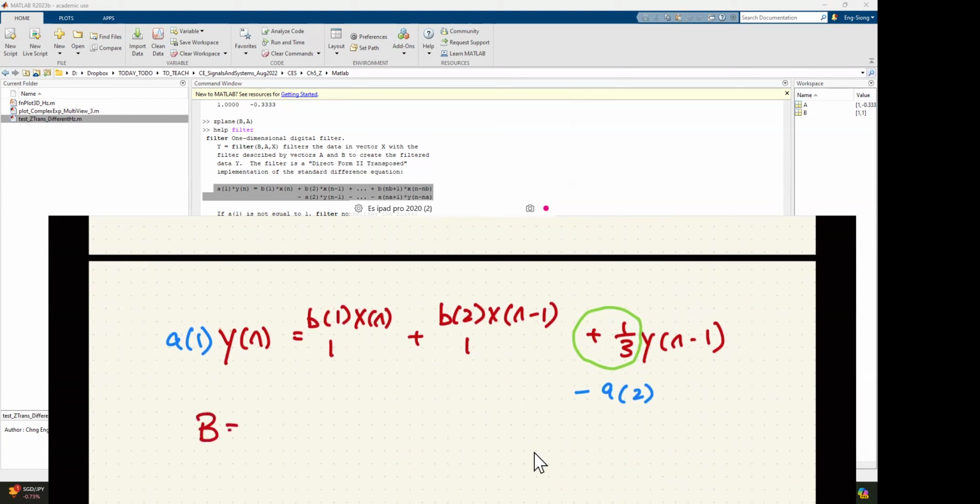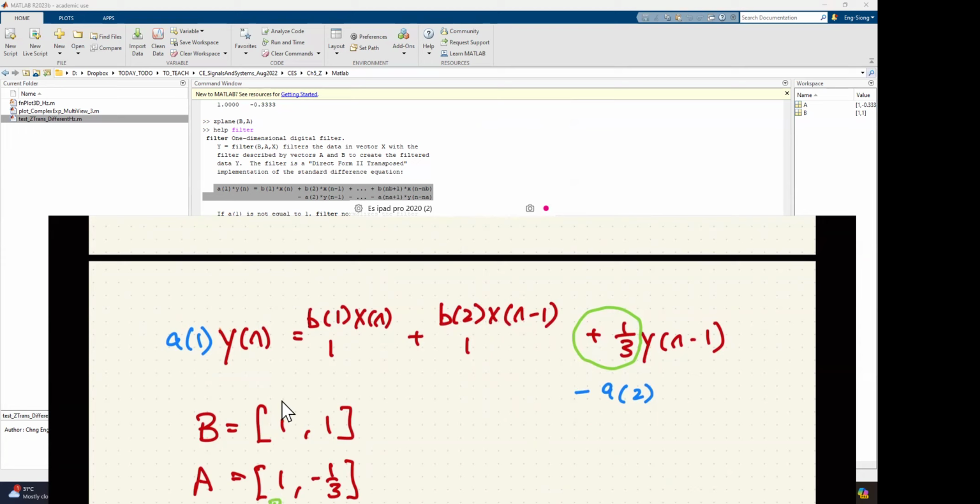B is easy: 1, 1. A is 1, and then plus 1/3 or minus 1/3, guys? Minus 1/3, because on the right hand side, we have to shift it to the left hand side and it becomes minus 1/3.